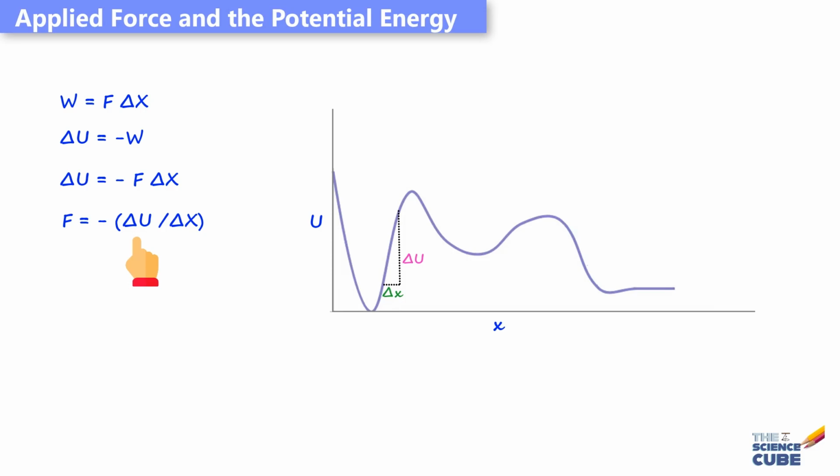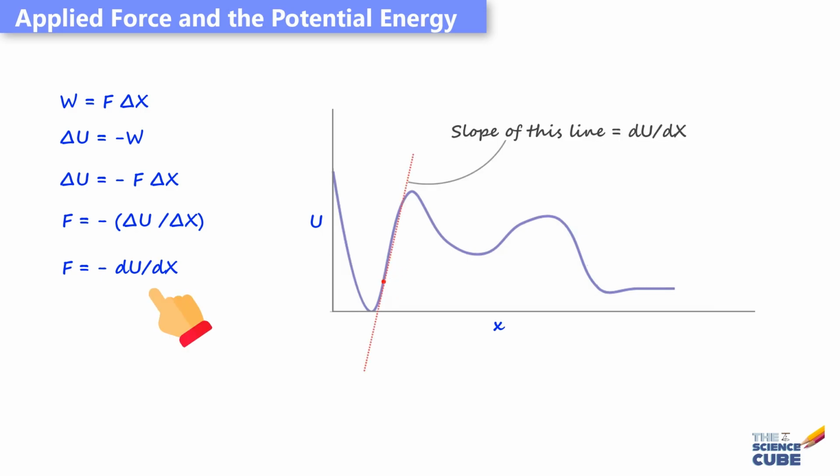And here these are certain measurable quantities, even if we consider them very small. So the same equation can be rewritten in terms of infinitesimally small values of displacement dx and the change in potential energy dU, or F is equal to minus dU upon dx.